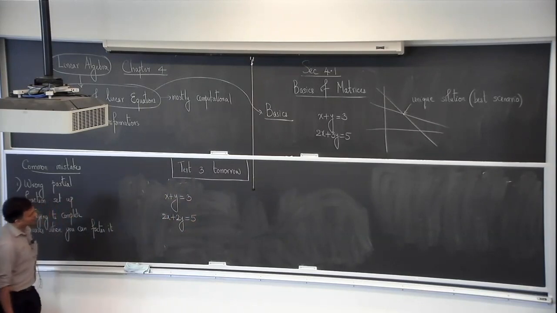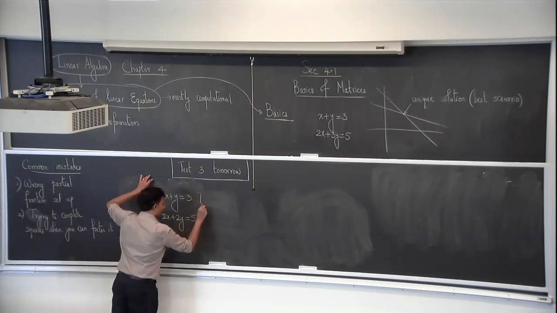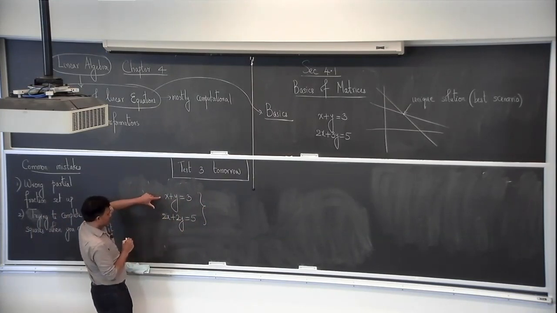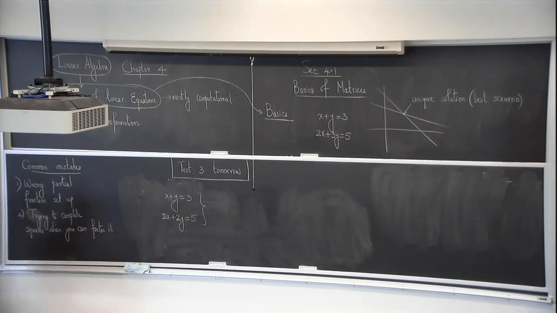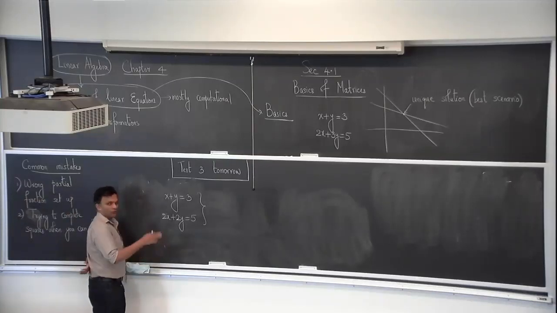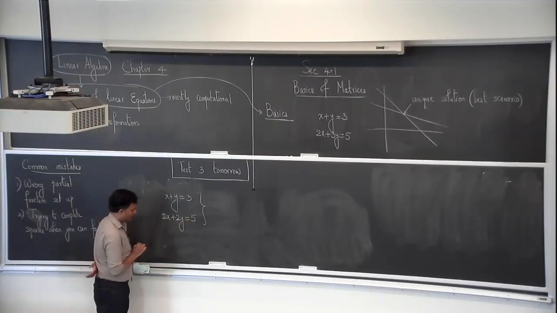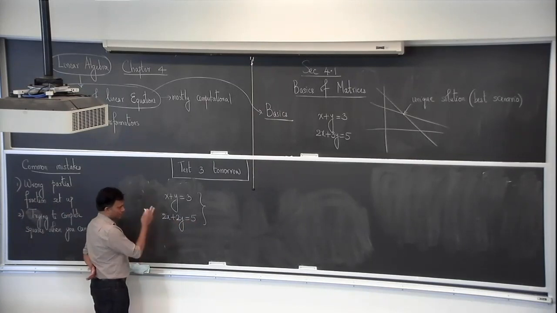I'm writing another system here, which means anything that solves must solve the first equation and the second equation at the same time. And if you just look at it carefully, you know something is not right about it. I took x plus y equal to 3, and then I multiplied that equation by 2, but maybe I forgot my multiplication or whatever reason I got a 5 here. This does not have a solution.